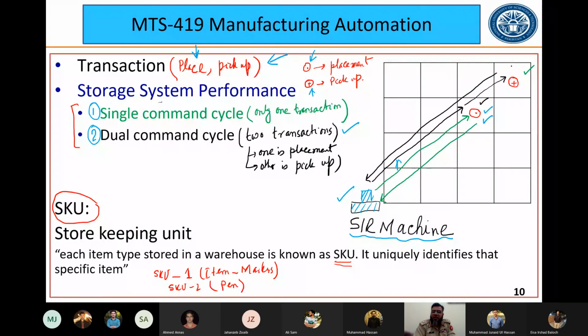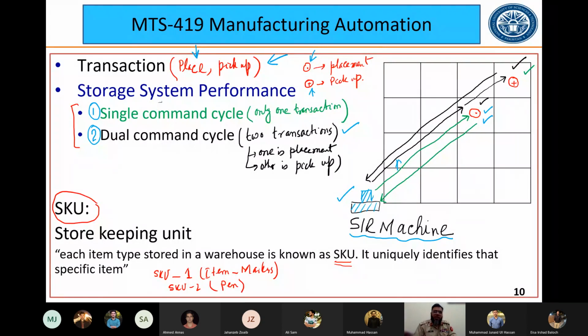Then it moves forward and goes to this location and picks up another item from here, and then comes back to its original location, which is the base. So these black arrows show the dual command cycle in which two transactions, one placement and the other pickup, are carried out in one movement of the SR machine.